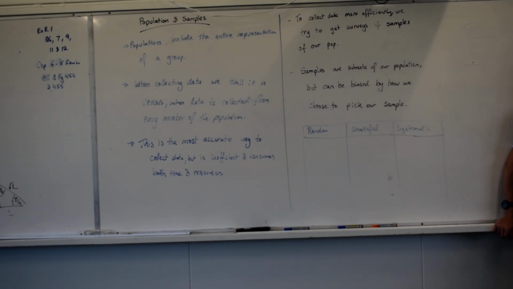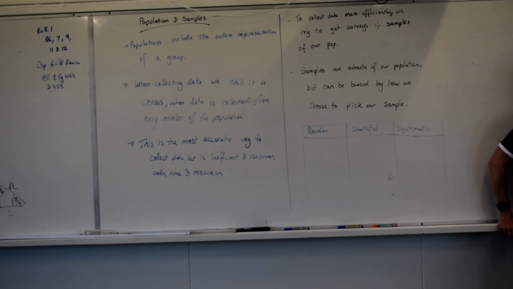How do you collect data in a purely random way? Let a computer do it. That's a good way to do it. But let's say I wanted to identify the entire population. I wanted to talk to the people who shop at Canelands here in Cairns.